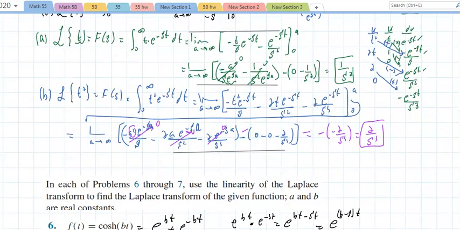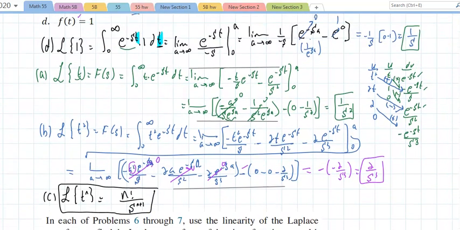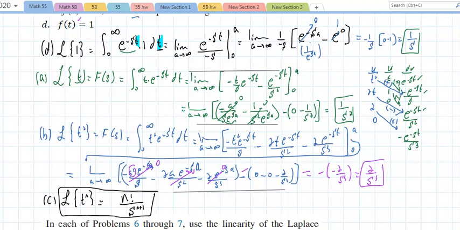If I move on to part C, if I want to apply the Laplace on t to the n, it turns out to be n factorial over s to the n plus 1. So when I did t to the 0, I got 0 factorial over s to the 0 plus 1, which is s.